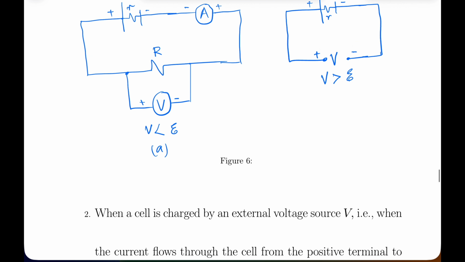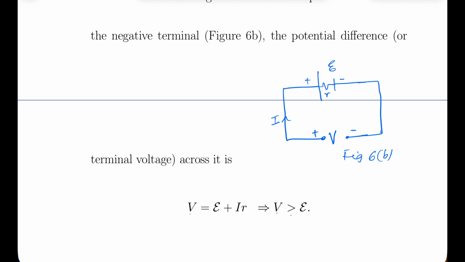So here V is less than EMF. When the cell is being charged by an external voltage source, as shown in figure 6b, we are charging the cell of EMF E and internal resistance r by an external voltage source V. Let I be the current supplied by this applied voltage source.